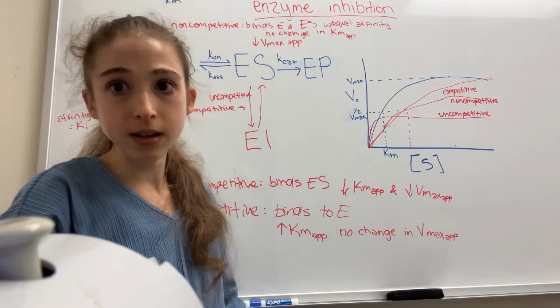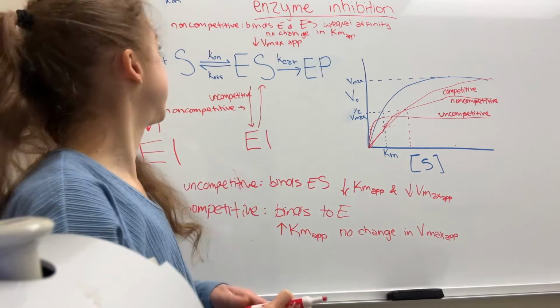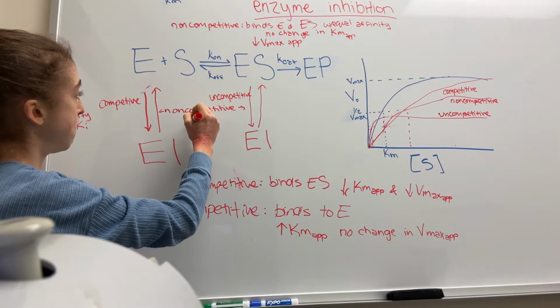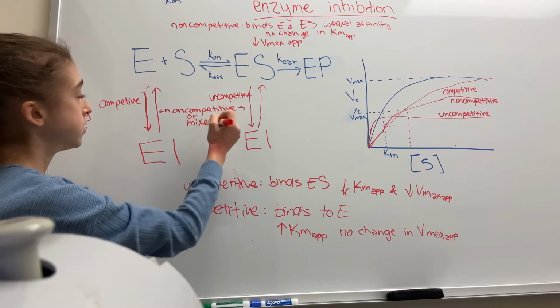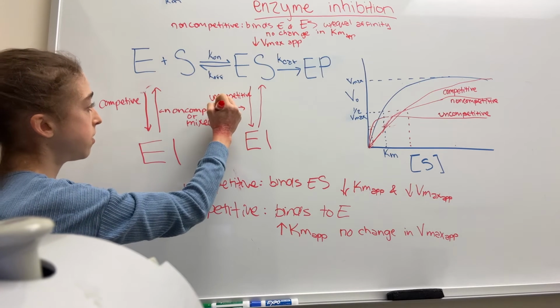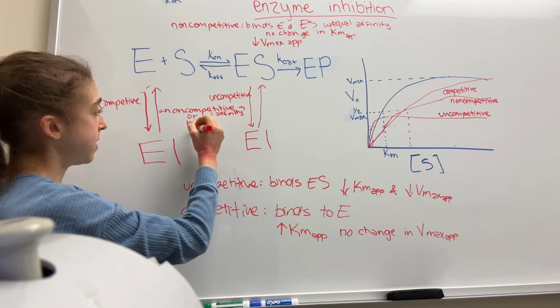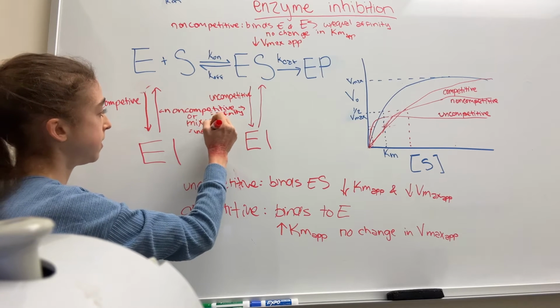And then finally, we need to consider the case of mixed inhibition. So non-competitive, we had equal affinity. And mixed, we have unequal affinity.